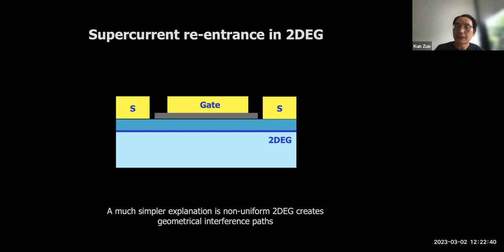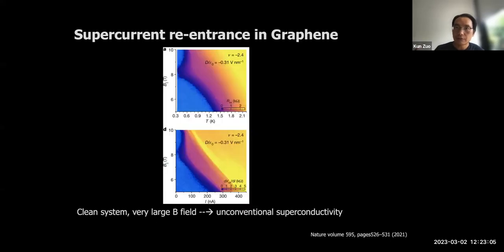I also want to say that when trying to claim supercurrent reentrance, we have to be a little bit more careful, even with the SQUID measurement of the phase. High magnetic field can also affect the SQUID itself. Not only in 2DEG, but also in graphene, supercurrent reentrance was measured and reported. So here the system is, of course, a little bit different.